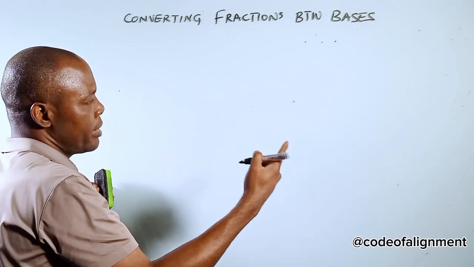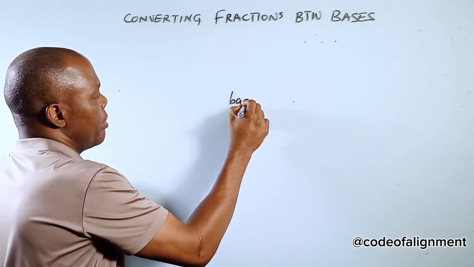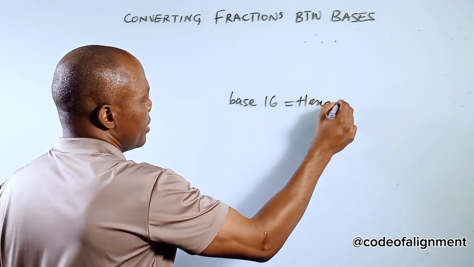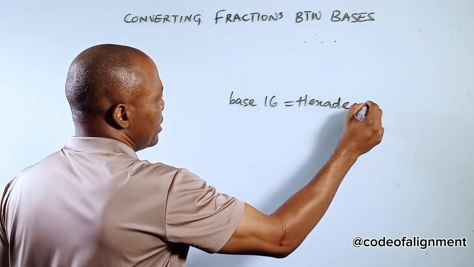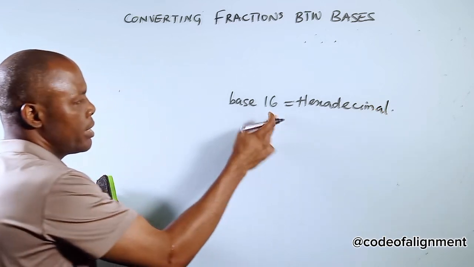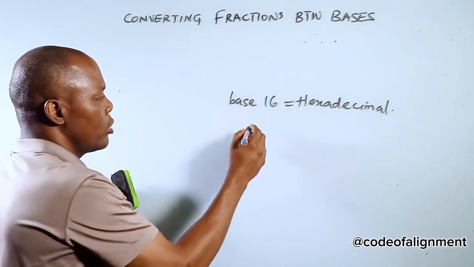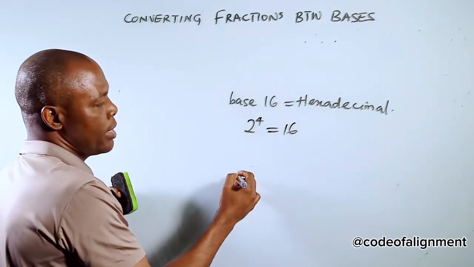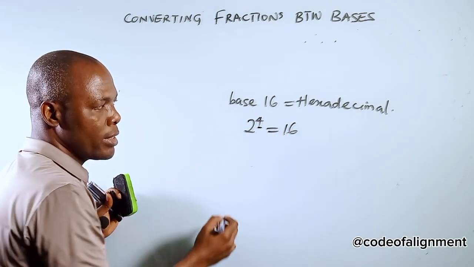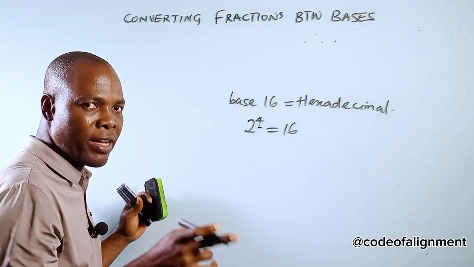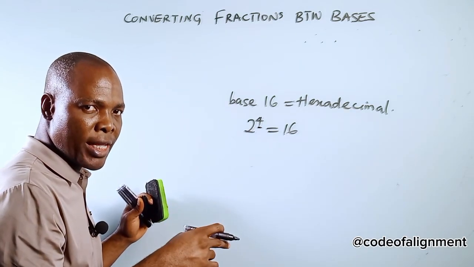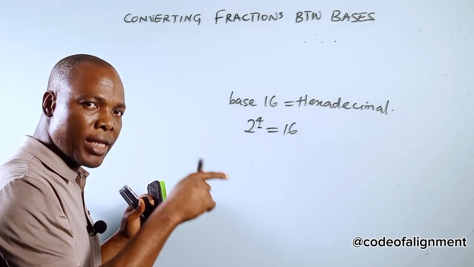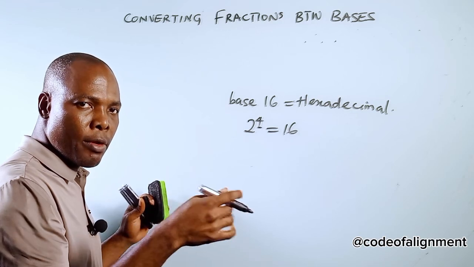Hexadecimal is base 16, meaning we have 16 digits. If you do 2 raised to the power 4, it equals what? 16. So it means we are dealing with just 4 bits. And I told you it is very easy to convert binary to hexadecimal and then to decimal. So engineers prefer using hexadecimal for memory.